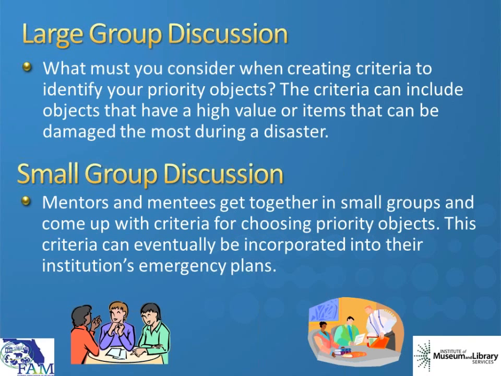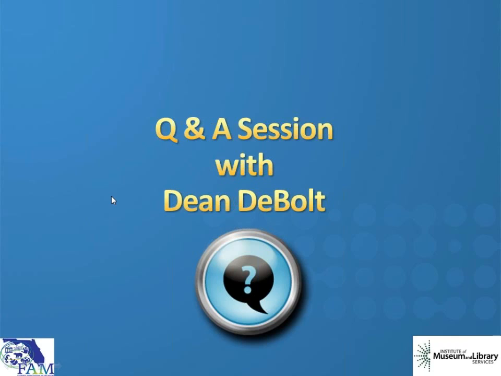And of course, once you've done that and you go back to the governing authority or the board member or your boss or the dean or whomever and say, you agreed that these were our most important items, we now need some funding, we need some help, we need some effort to help preserve them, because we've now recognized why these items are of value to our organization and to our community.